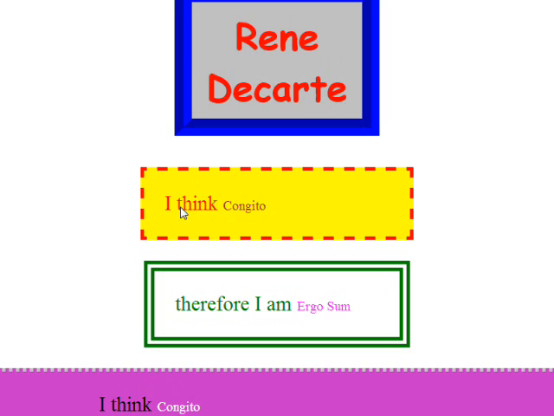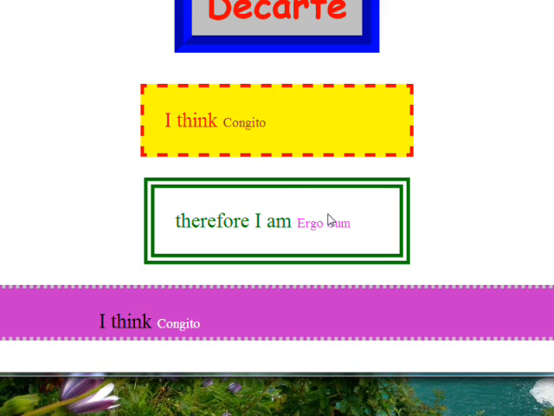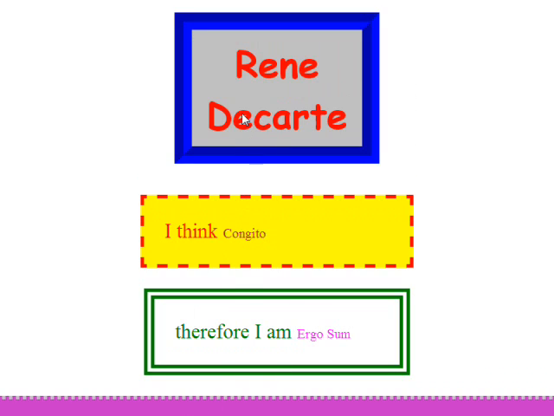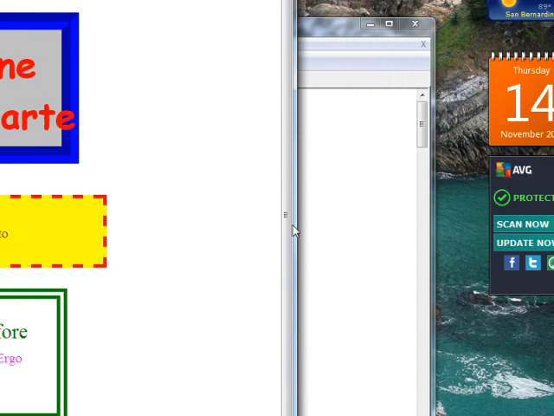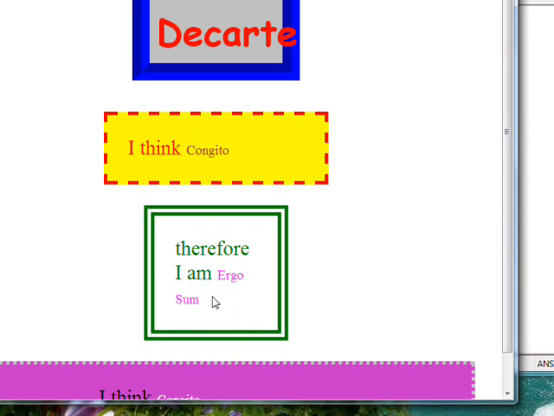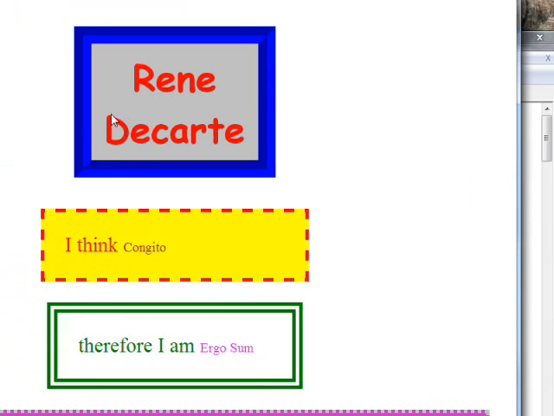And the div controls these values, and the ID controls the cogito, ergo sum, cogito span values. So you can see we can pretty much create the same exact effect, and if we squeeze it up, you see it continues to be centered, much the way that WPF and XAML has a dynamic flow.